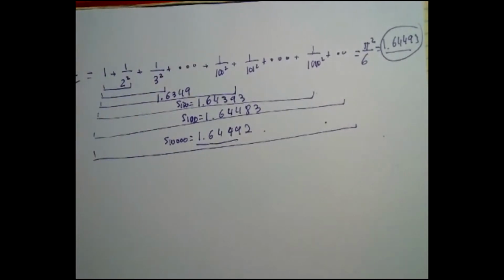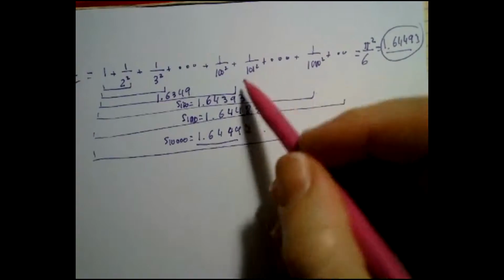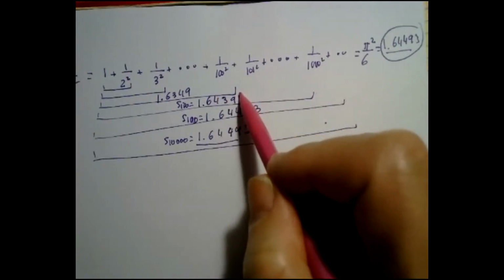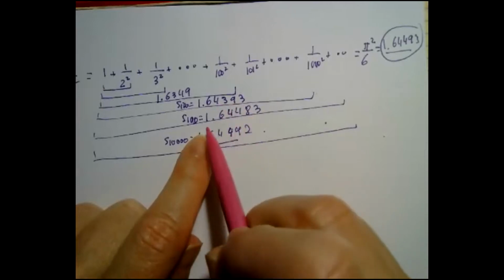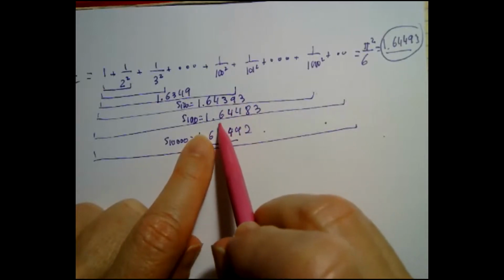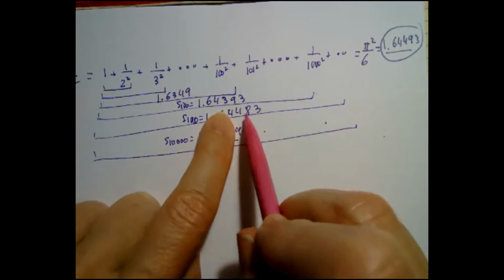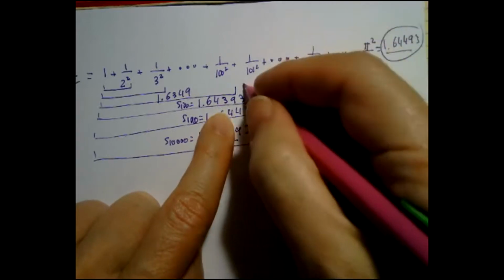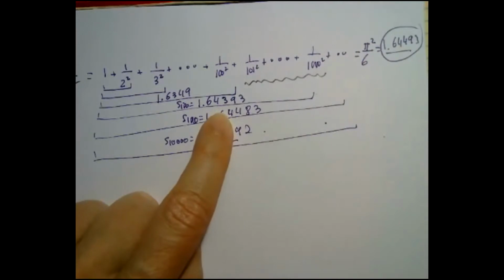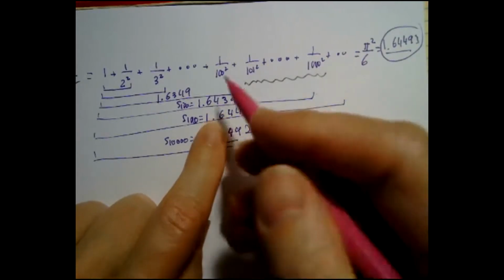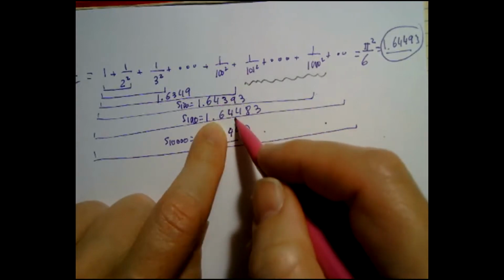It's interesting: if you notice, the first 100 terms give you 1.64393, and the first 1,000 give 1.64493. So those terms from the 100th to the 1,000th are very tiny. When you add those, you get a very, very tiny number. They agree on the first 2 digits.